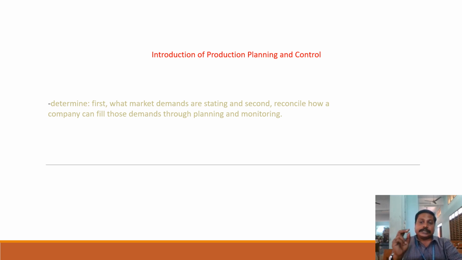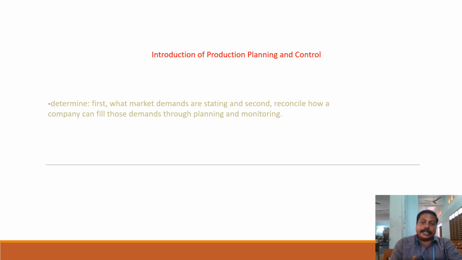You should identify the demand. What is the product demand in the market? And second, you should plan to meet that demand. How can you meet the demand, by means of manufacturing or by means of buying some raw material and making it into a finished product, etc.